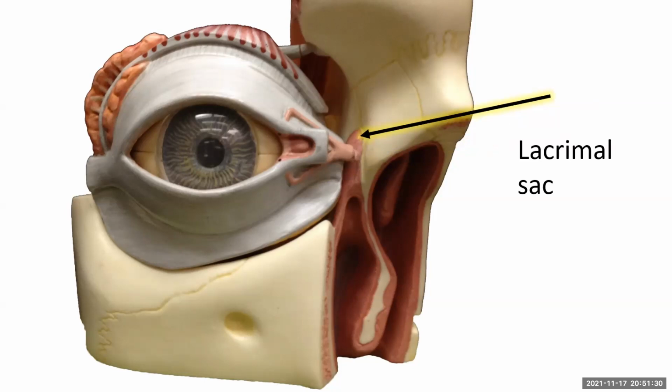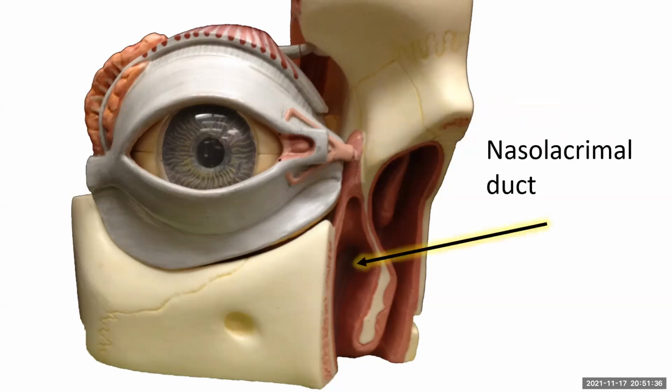Then after that, any of that lacrimal fluid is going to drain down into the nasolacrimal duct. And then there's an opening in your nasal cavity in which the lacrimal fluid can drain into the nasal cavity.